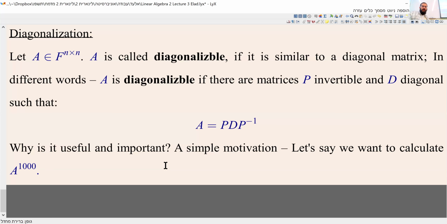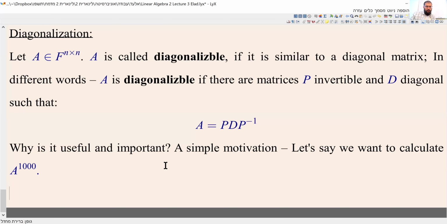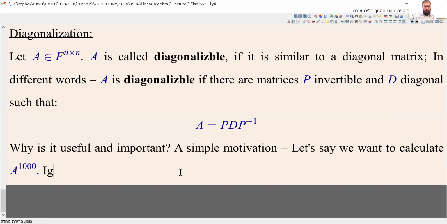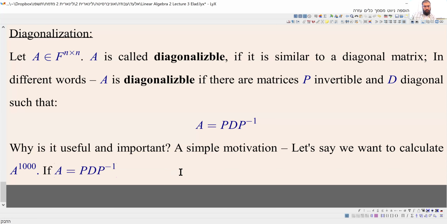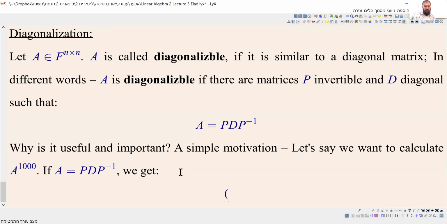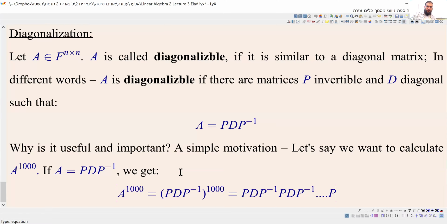Now, if we have A is P D P minus 1, we get that A to the power of 1,000 is P D P minus 1 to the power of 1,000, which is P D P minus 1, P D P minus 1, and so on for 1,000 times.